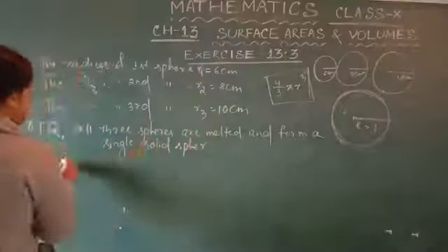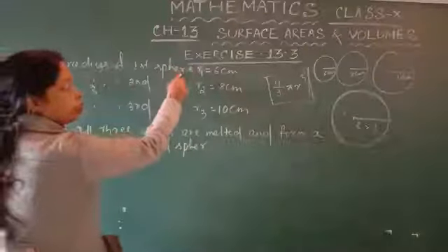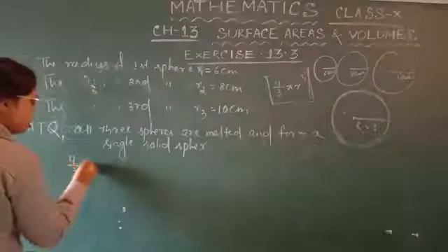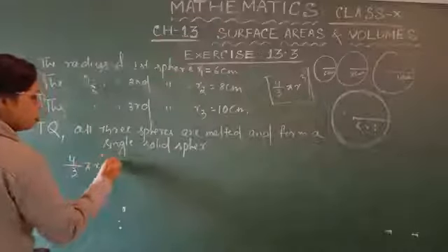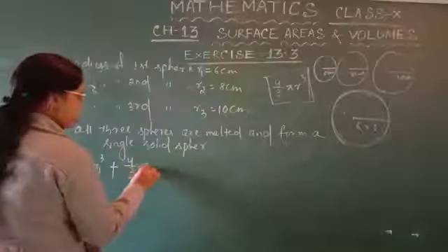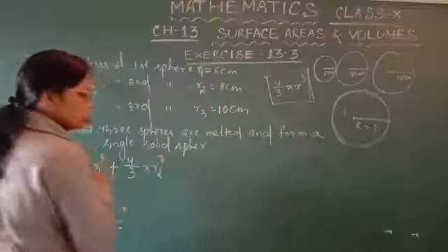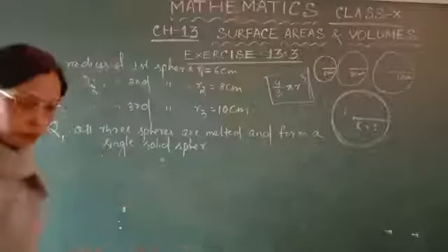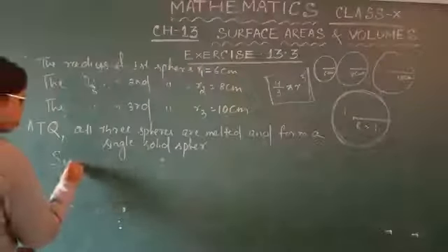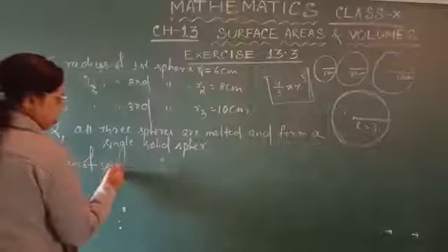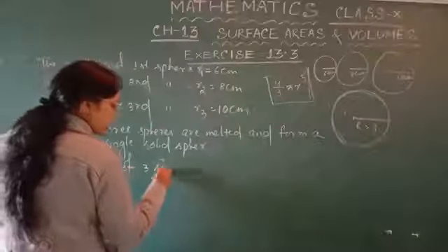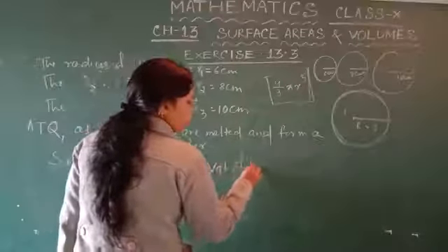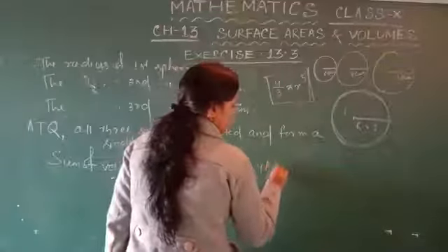So the volume of the first sphere is 4 upon 3 pi r1 cube plus 4 upon 3 pi r2 cube. Or first we write: the sum of volume of three spheres is equal to the volume of a fourth sphere.